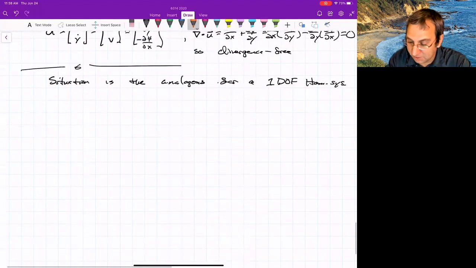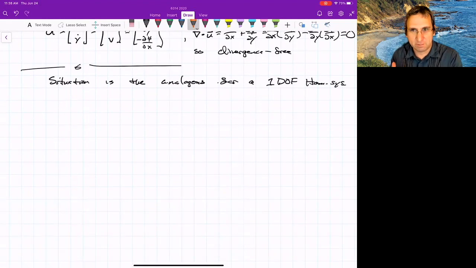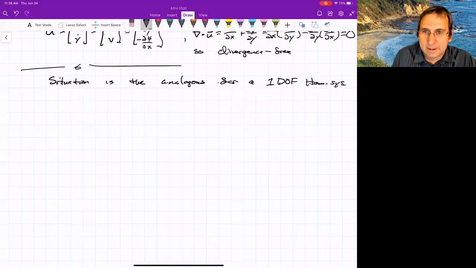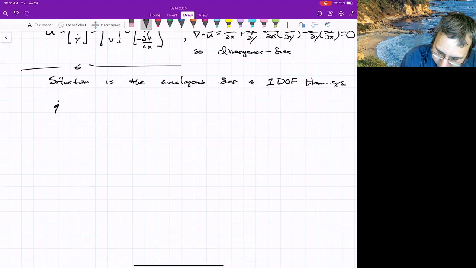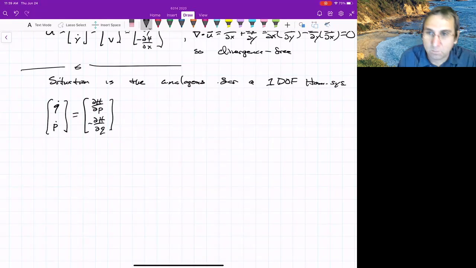So the situation being analogous for 1 degree of freedom Hamiltonian systems, we interpret it differently. Right, q dot, p dot is partial H, partial p, minus partial H, partial q. So this vector field is incompressible.